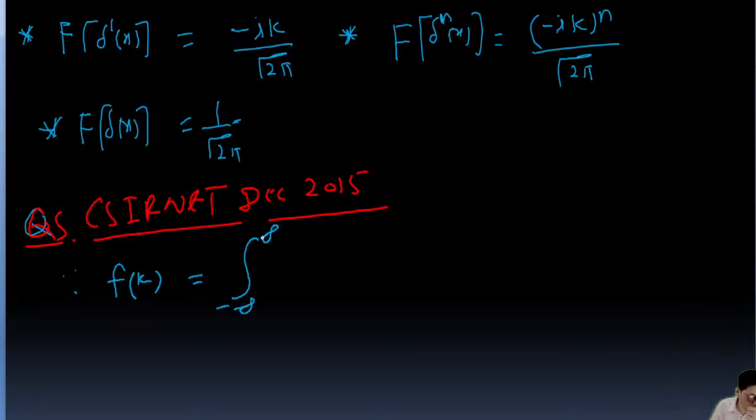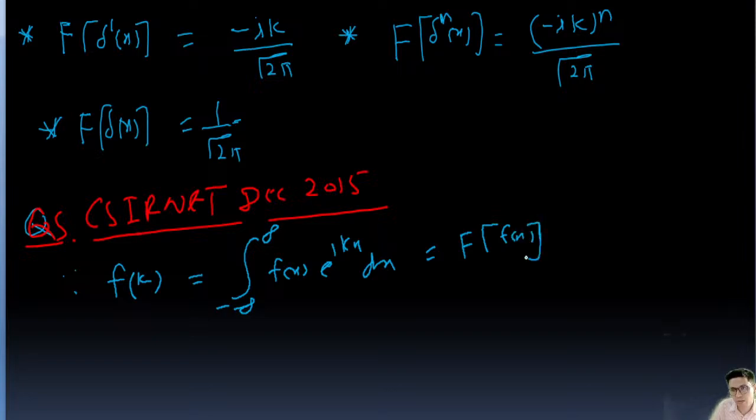The 1 upon root 2 pi is not given, that factor is 1. So F(k) is the integral from minus infinity to plus infinity of f(x) e to the power iota kx dx, which is the Fourier transform of f(x).